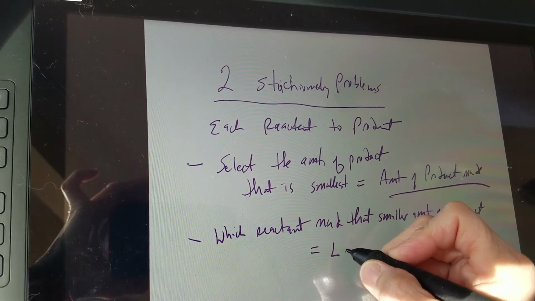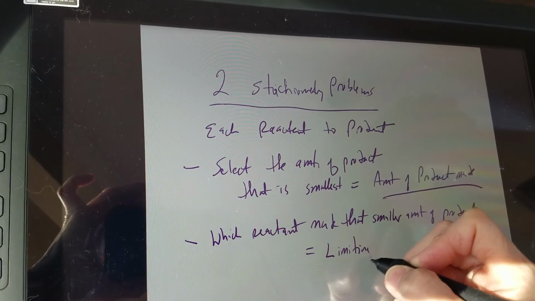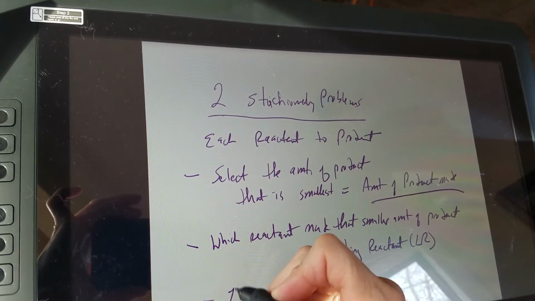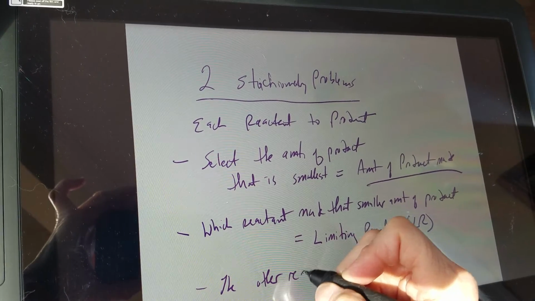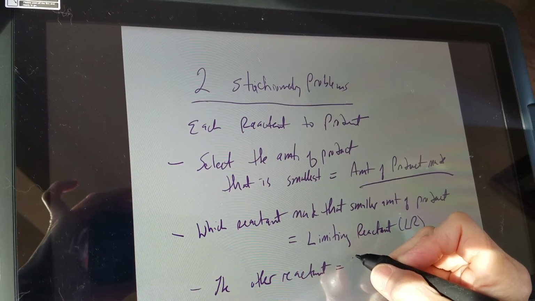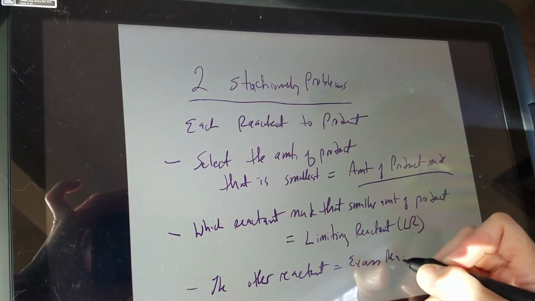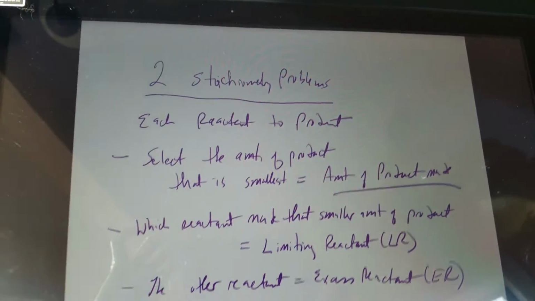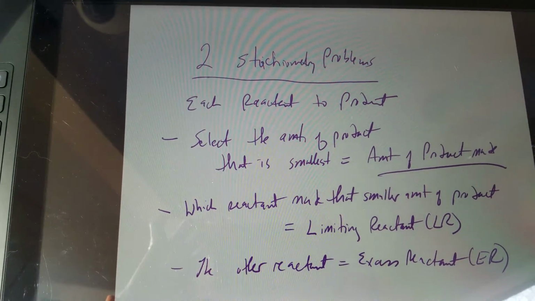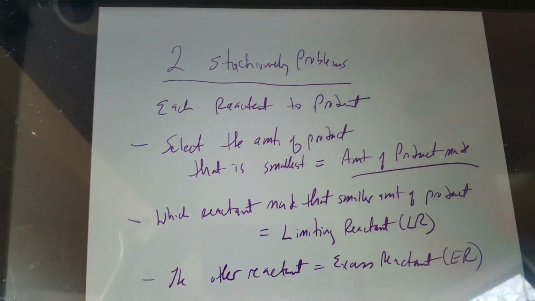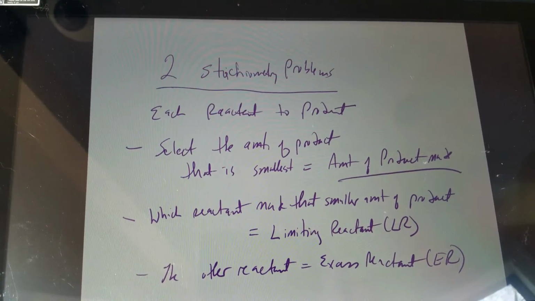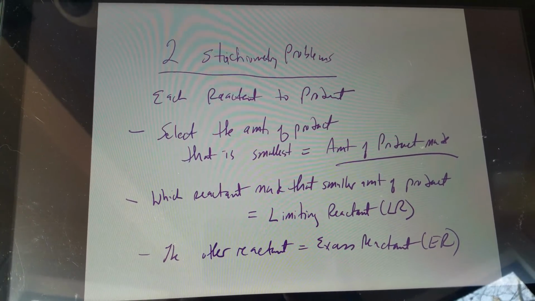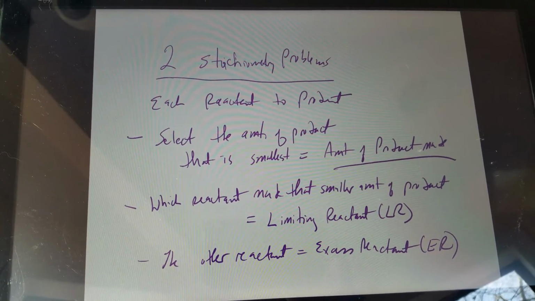That's going to be your limiting reactant. The other reactant will be the excess reactant. So you're going to do that with 2 stoichiometry problems initially. So that answers 3 of your questions: the amount of product made, which substance is the limiting reactant, which substance is the excess reactant.